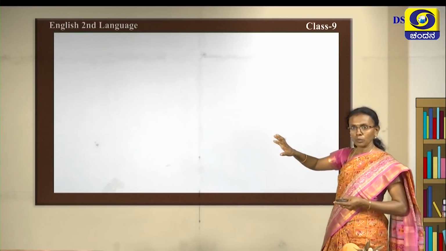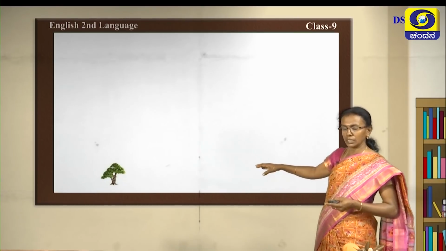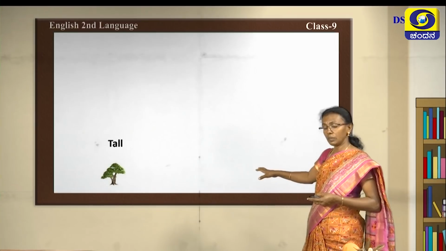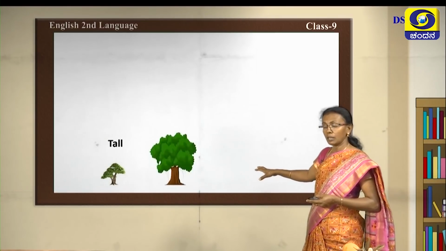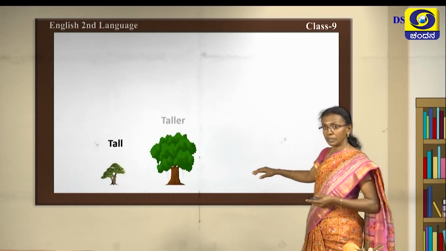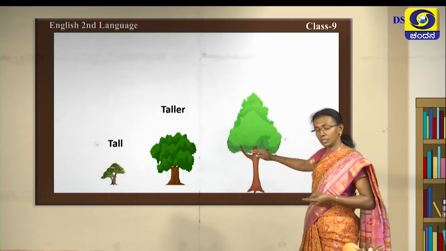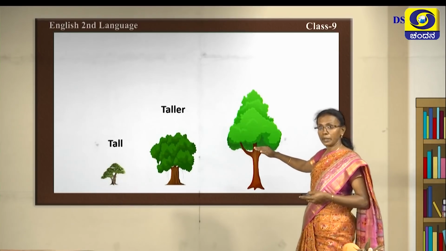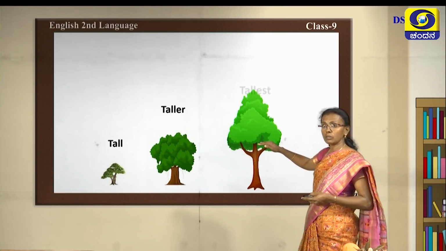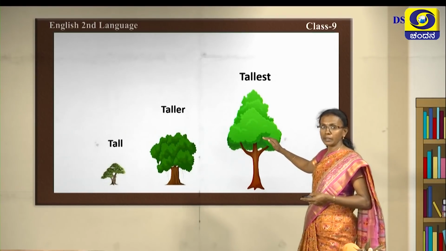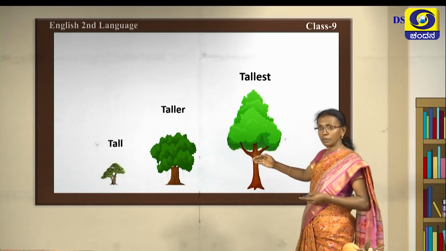Now we'll see. See here, you can see a tree. The tree is tall. But compared to that, another tree has come that is taller, and another tree is there that is much bigger than this. So it will be the tallest tree. So you can see it in three different types.